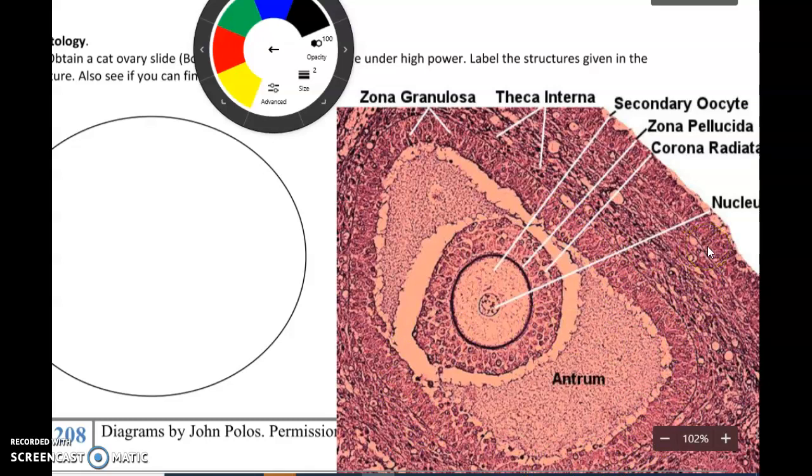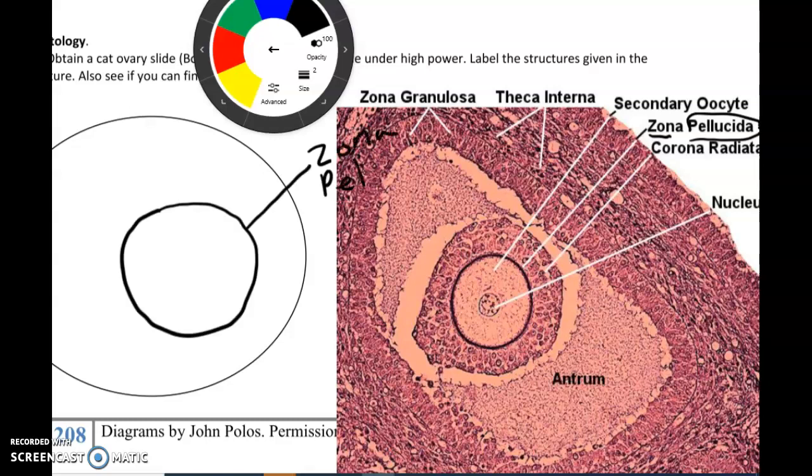This thing is humongous. So we're going to start with drawing the zona pellucida. And this actually has receptors on it that's going to help the sperm bind with the membrane and draw it in. Now, there's going to be cytoplasm in here and a nucleus where we could see the chromosomes, because the chromosomes are undergoing meiosis.